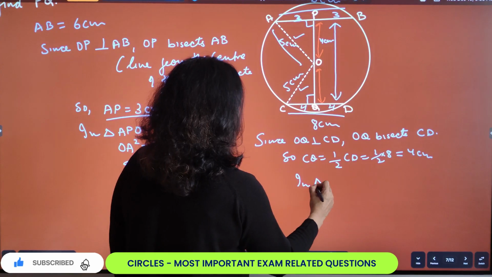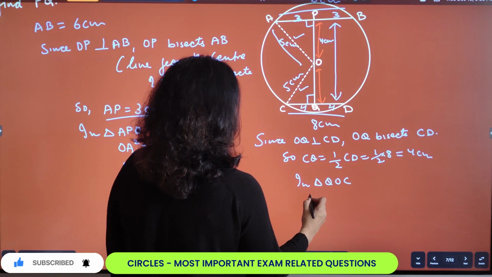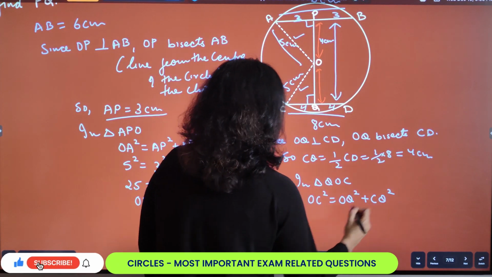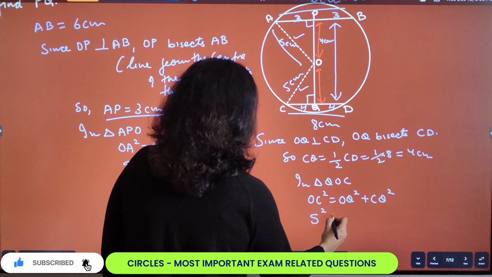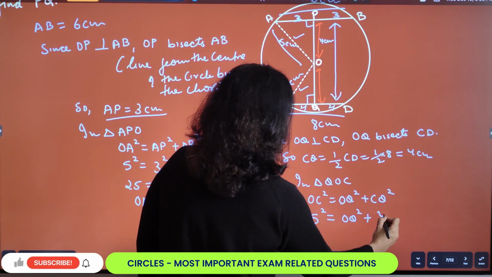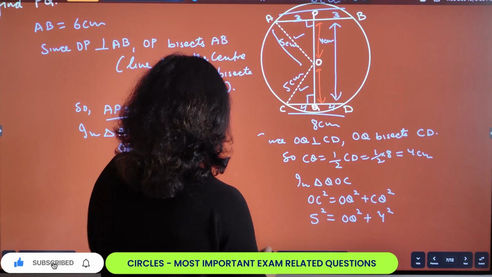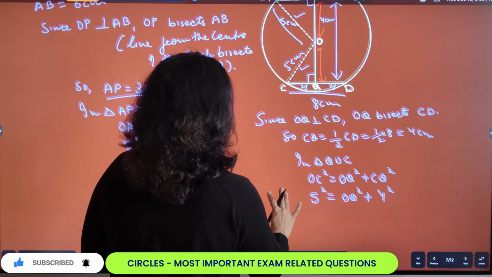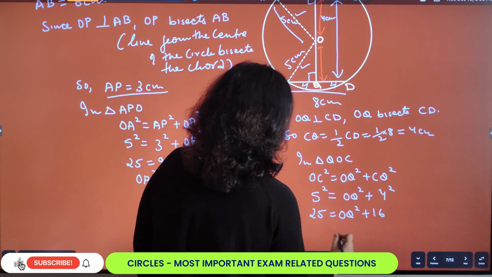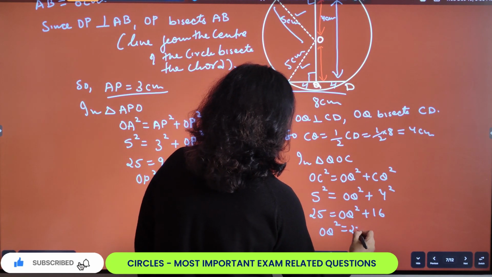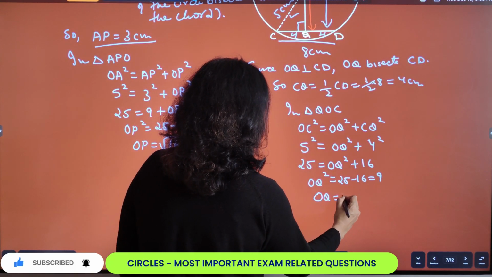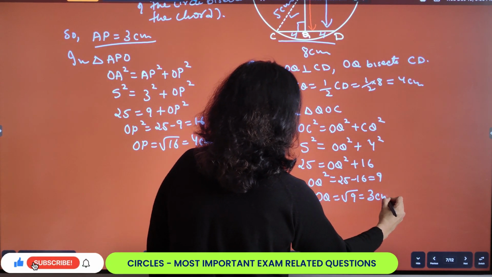OC square is equal to OQ square plus CQ square. OC is 5, OQ we need to find, CQ is 4. So 25 is equal to OQ square plus 16. So OQ square will be 25 minus 16, that is 9. So OQ will be root of 9, that is 3 centimeters.